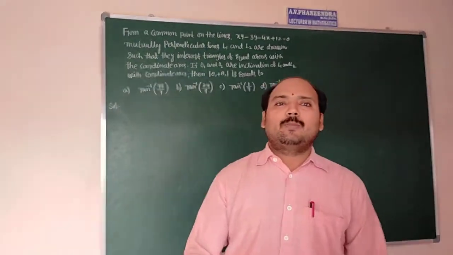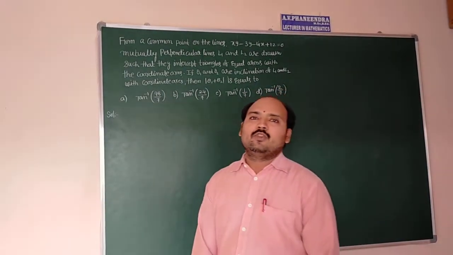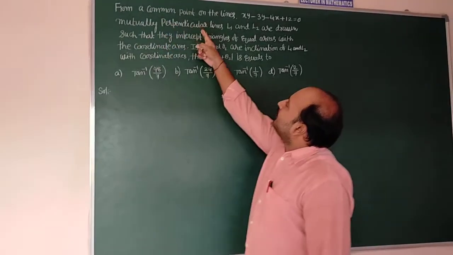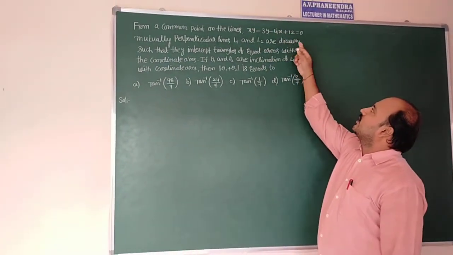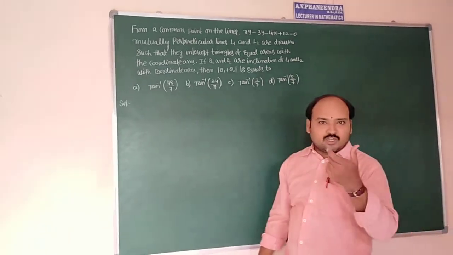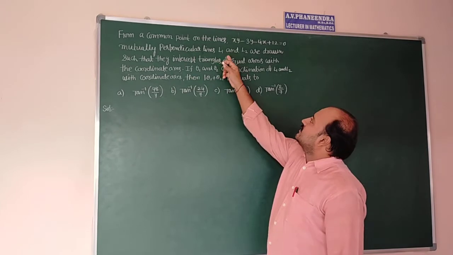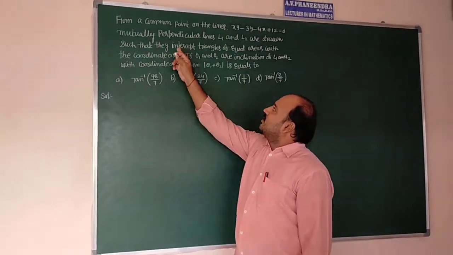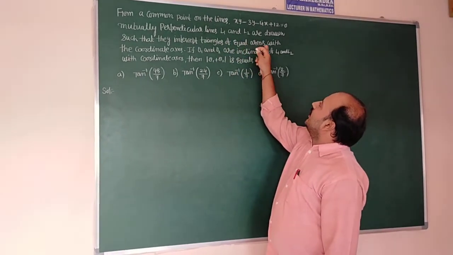In this video, I am discussing a pair of straight lines problem which belongs to JEE. From a common point on the lines xy minus 3y minus 4x plus 12 equal to 0, which is a combination of two lines, mutually perpendicular lines L1 and L2 are drawn such that they intersect triangles of equal areas with the coordinate axes.